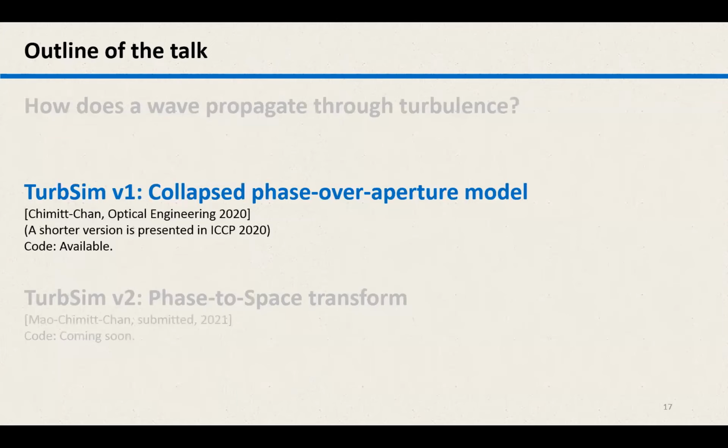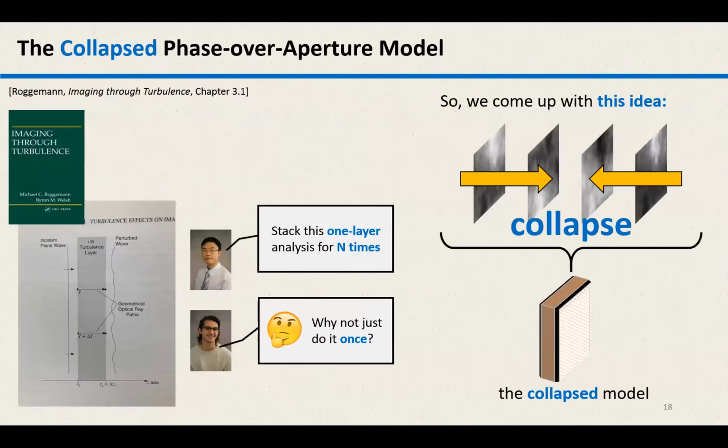So we looked at the problem and spent at least 2 years just going through all the literature to understand how we can speed up the process. In 2020, we published our first simulator, the version 1 simulator. This idea is called the collapsed phase-over-aperture idea.